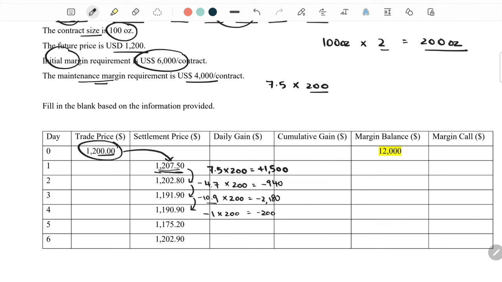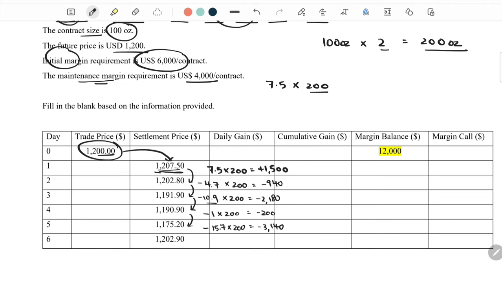When we move on to day 5, it decreased again, from 1,190.9 to 1,175.2. So it reduced by 15.7 times 200, which is about negative 3,140.